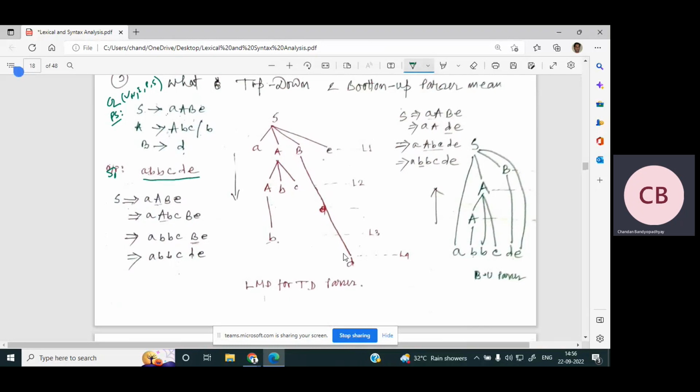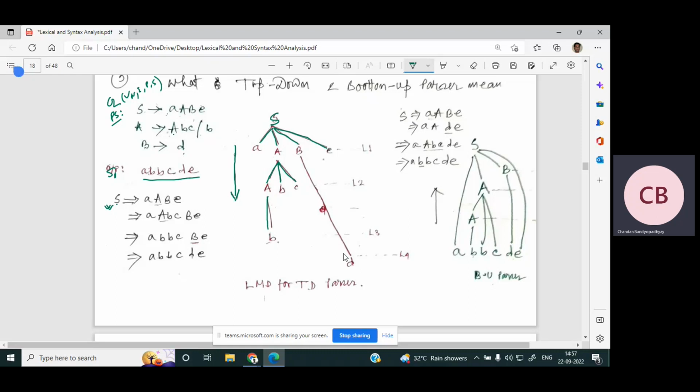This is a string. So one option I will have is to form the tree from top-down. S is the parent variable from which I need to start. S generates small a, capital A, B and E. So I am starting with S to small a, capital A, B and E. Then capital A can be expanded to capital A, small b and C. Then capital A again can be expanded to small b.